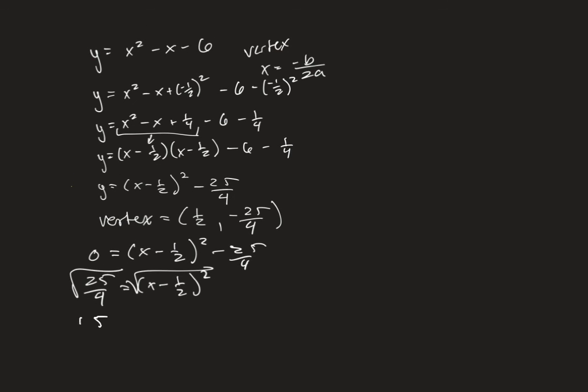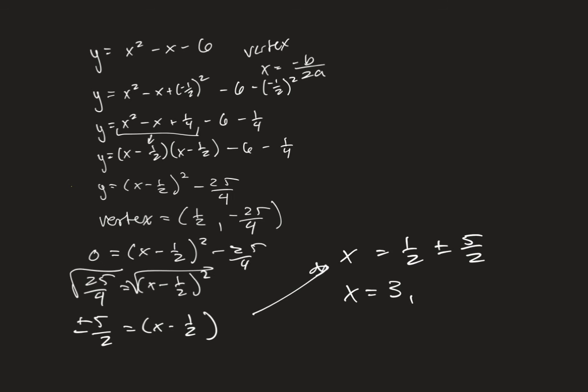Now we have plus or minus 5/2 equals x minus 1/2. And so now x equals 1/2 plus or minus 5/2. And these come out to be pretty nice. 1/2 plus 5/2 is 6/2 or 3. And 1/2 minus 5/2 is negative 4/2 or negative 2. And those are our answers from our first factors that we did at the beginning.